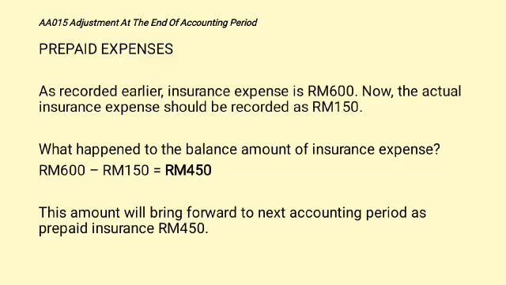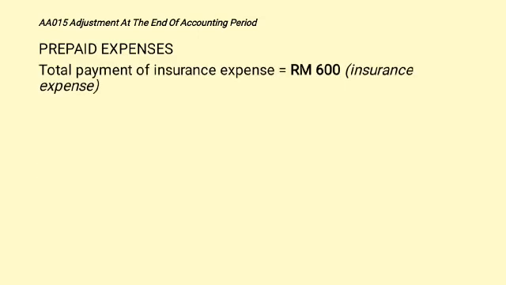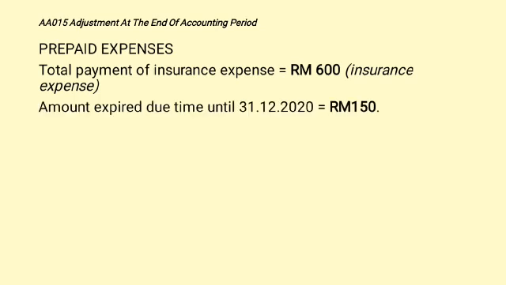Yes, this amount will be brought forward to the next accounting period as prepaid insurance RM450. Let me summarize. The total payment of insurance is RM600, which was already recorded as insurance expense, and the amount expired due to time until 31st December is RM150.